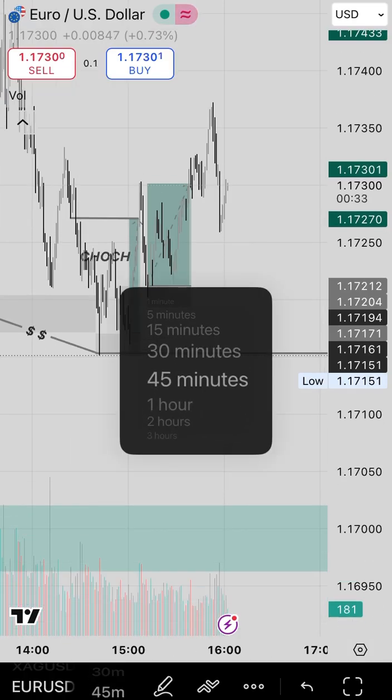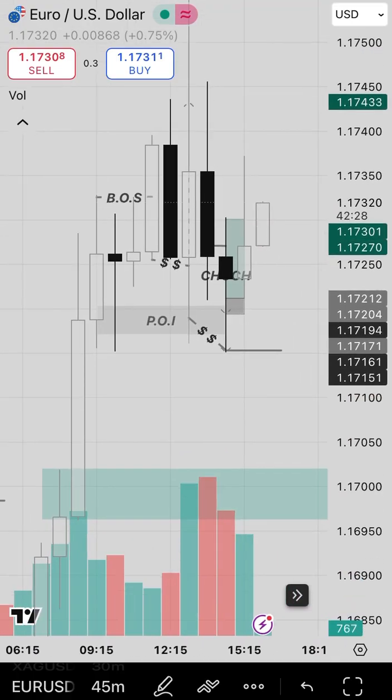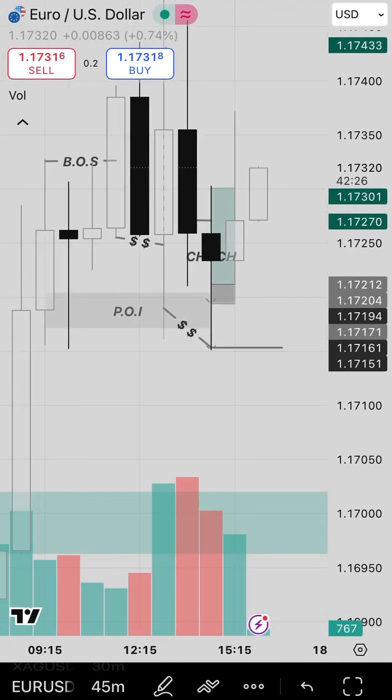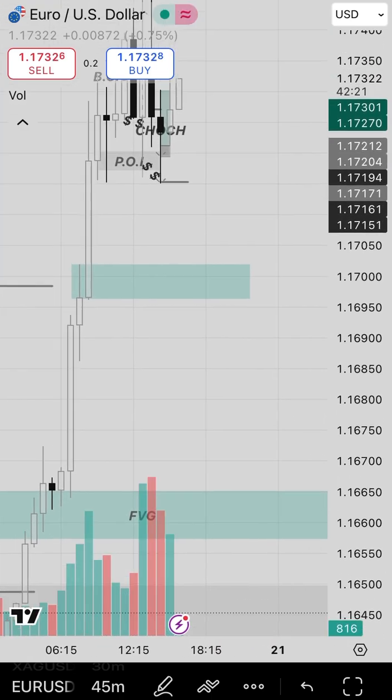And remember, the general view of this market is coming down to retest this fair value gap.